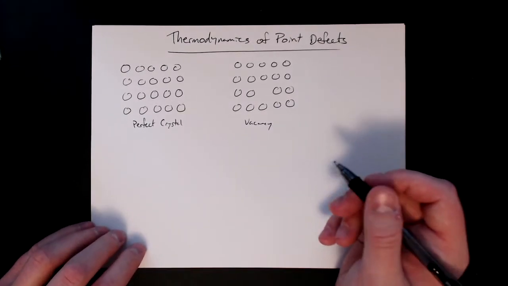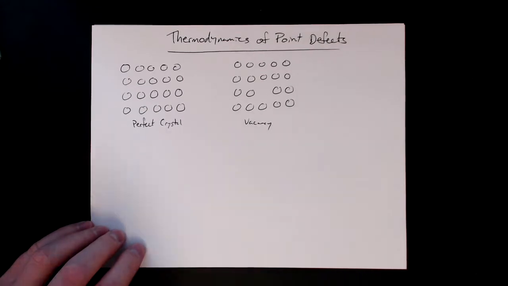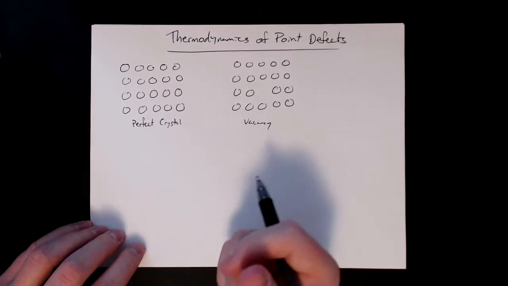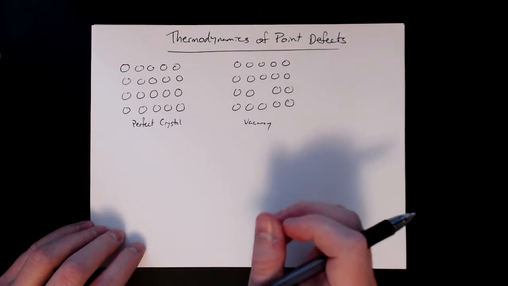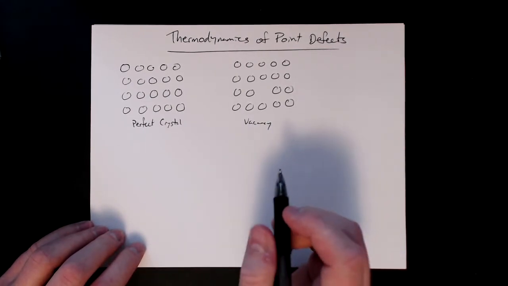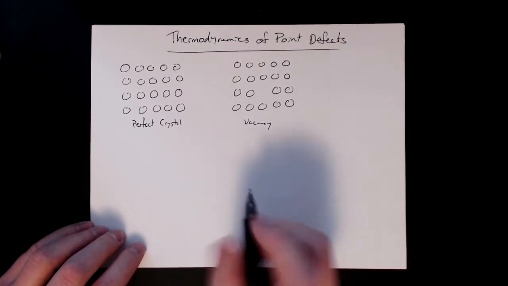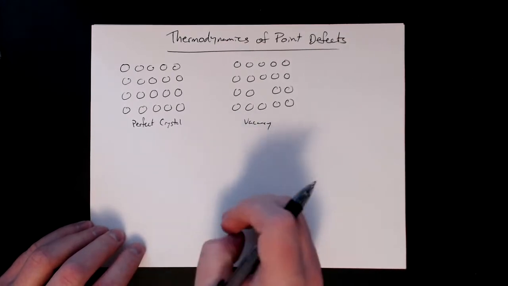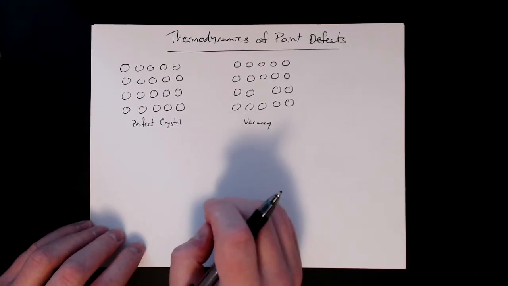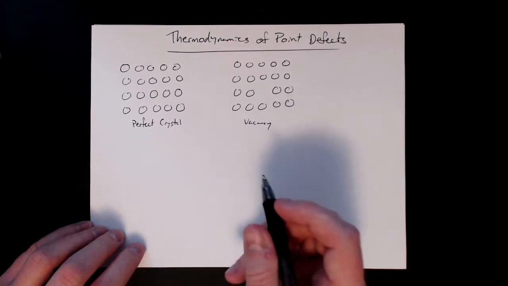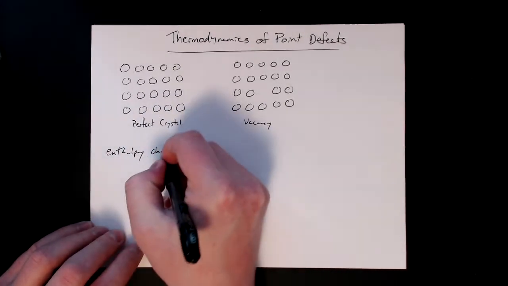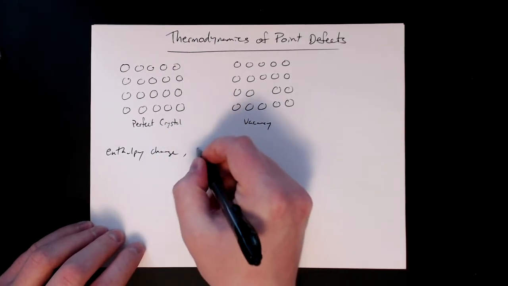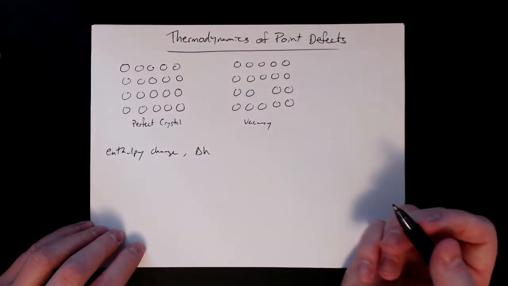So we want to look at the thermodynamics. In all of these, we'll start with a single vacancy. And so when I write those thermodynamic quantities, I'll actually use the lowercase just to clarify that we're talking about a single defect. So the enthalpy change, I'm going to call delta h.